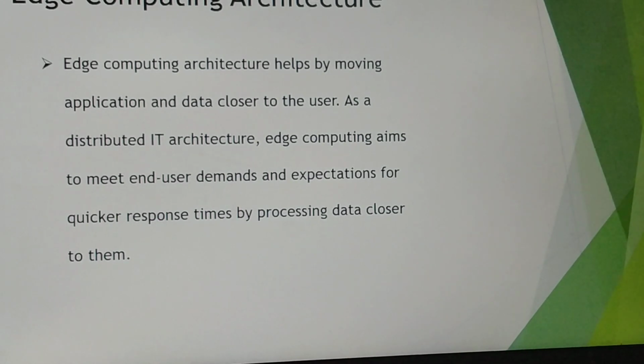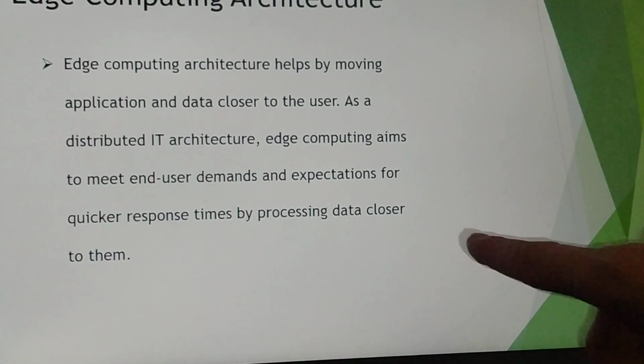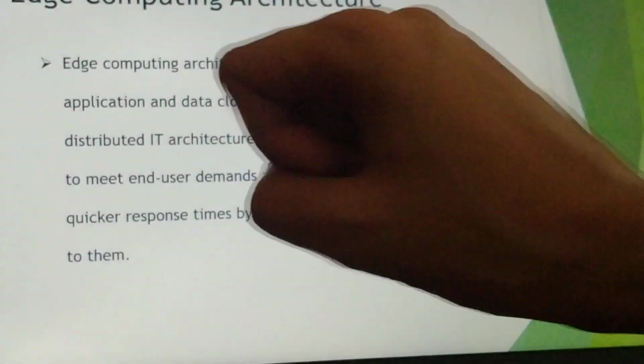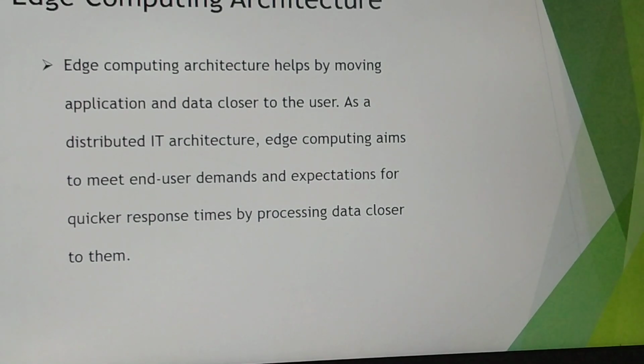Edge computing architecture helps by moving applications and data closer to the user. Here is data close to the user. As a distributed IT architecture, edge computing aims to meet end user demands and expectations for quicker response times by processing data closer.